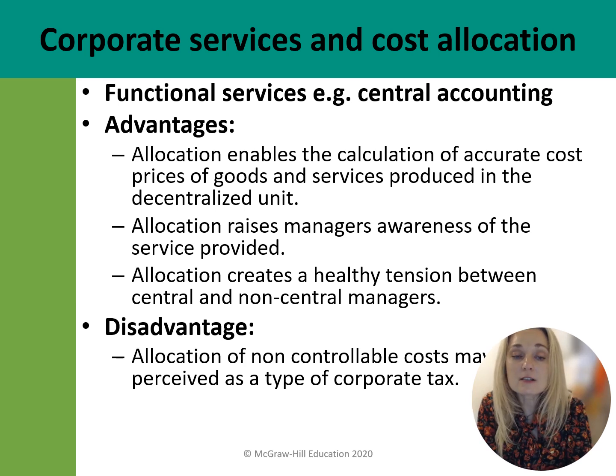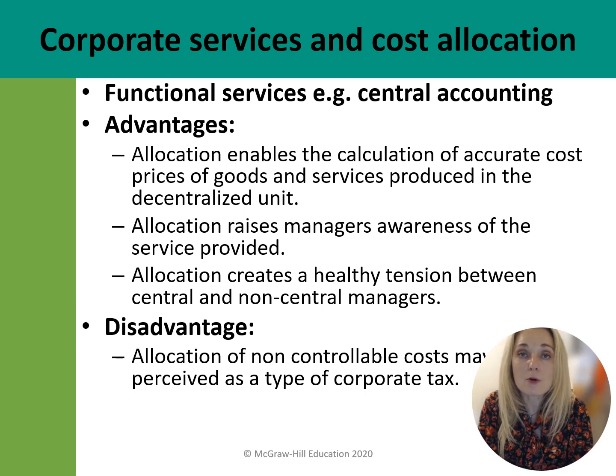The main disadvantage is that allocation of non-controllable costs may be perceived as a corporate tax and unfair, because sometimes organizations don't have control. However, if you provide profit centers the opportunity to source those support services from external vendors, then they may see these allocations as more fair.